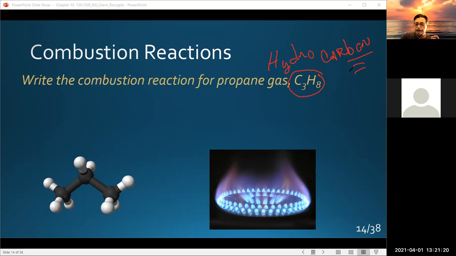Combustion. The term combustion tells you, I need oxygen, because I'm going to burn this thing. And what I stated earlier about burning of hydrocarbons, guess what? There's only 2 products. Yeah, carbon dioxide plus water. And so that is the beginnings of writing what you just see here in yellow into an equation.